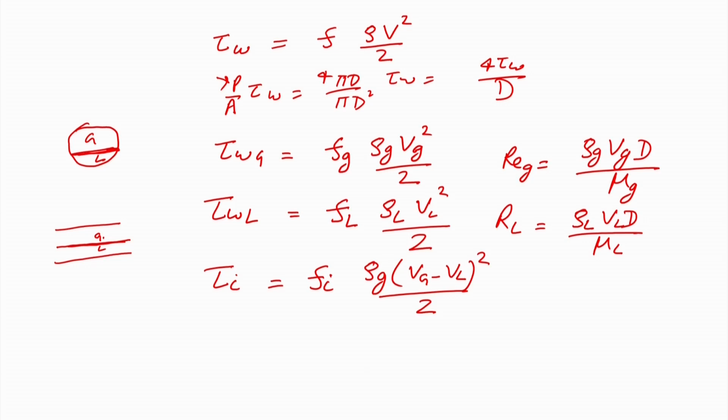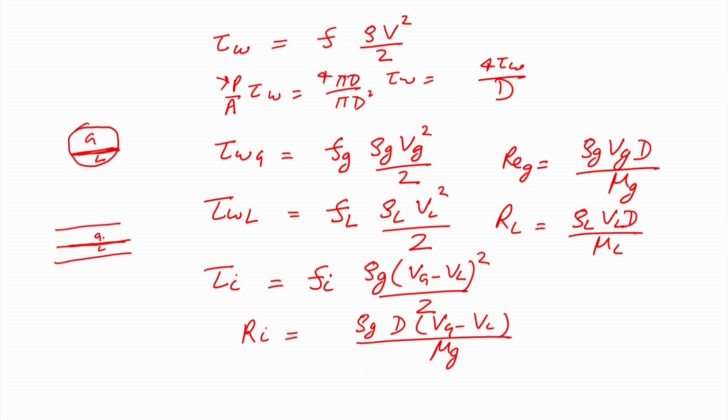So that is why we write it in this form, and we define the Reynolds number Ri based on the interface velocity. Fi will be calculated based on Ri, which is rho g d and Vg minus Vl over mu g.